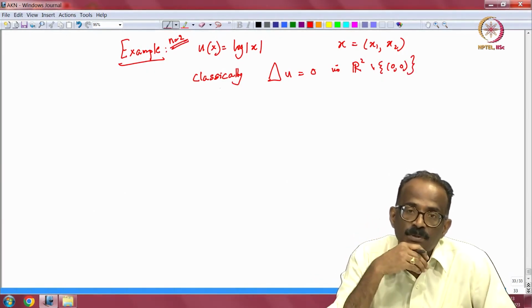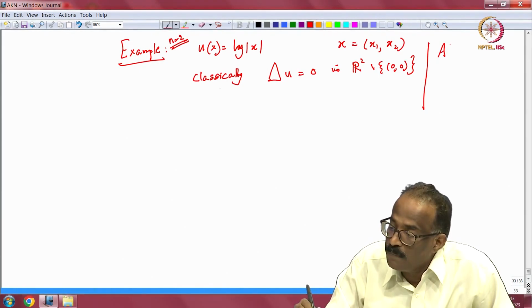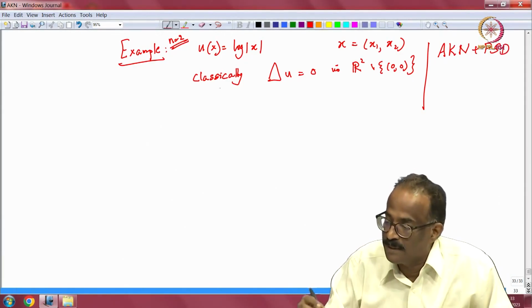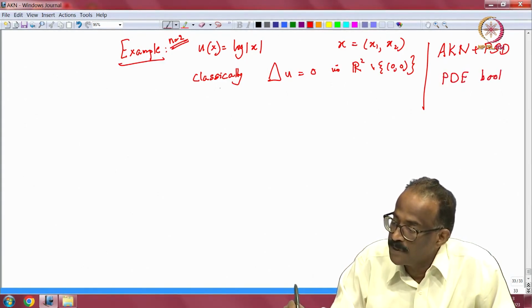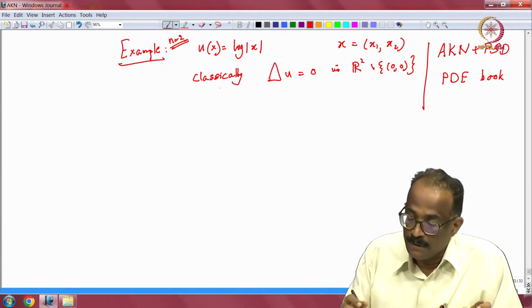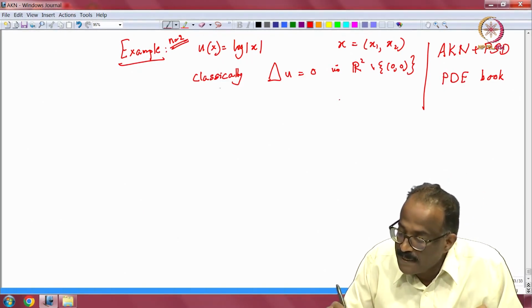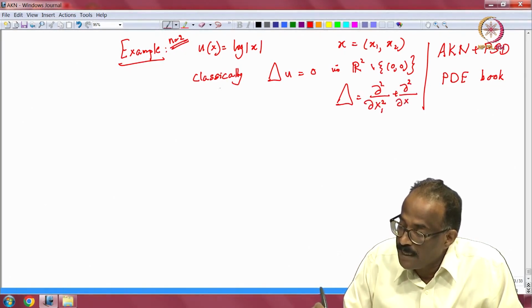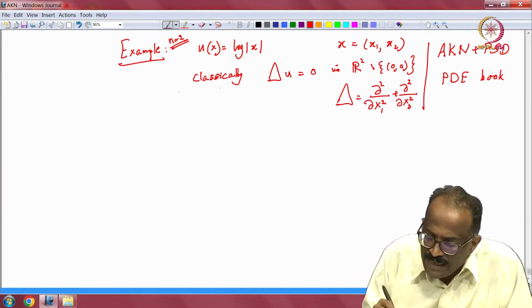If you have studied a first course on PDE, I will refer you for more details to our book on PDE, which already gives the details of this analysis. The Laplacian in two variables is d square by dx1 square plus d square by dx2 square. Let us modify a bit.